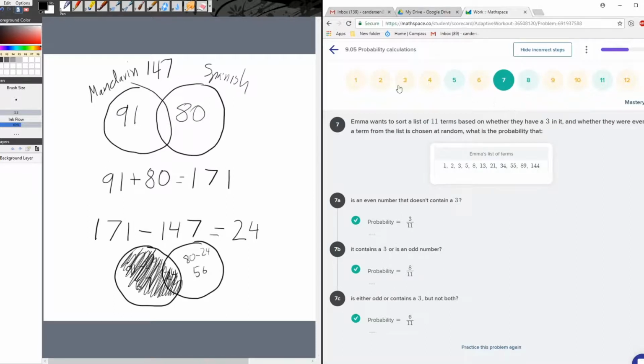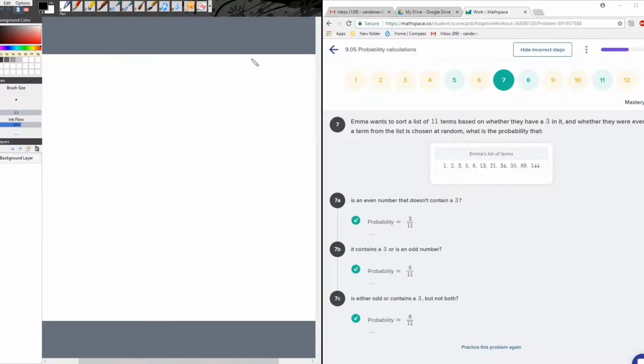Let's have a look at this question here. So let's make a new page. Emma wants to sort a list of 11 terms based on whether they have a 3 in it. Now, a term is not just another word for a number. Now, which terms have a 3 in them? Well, we can see here that this one has a 3, this one here has a 3, and this one here has a 3.